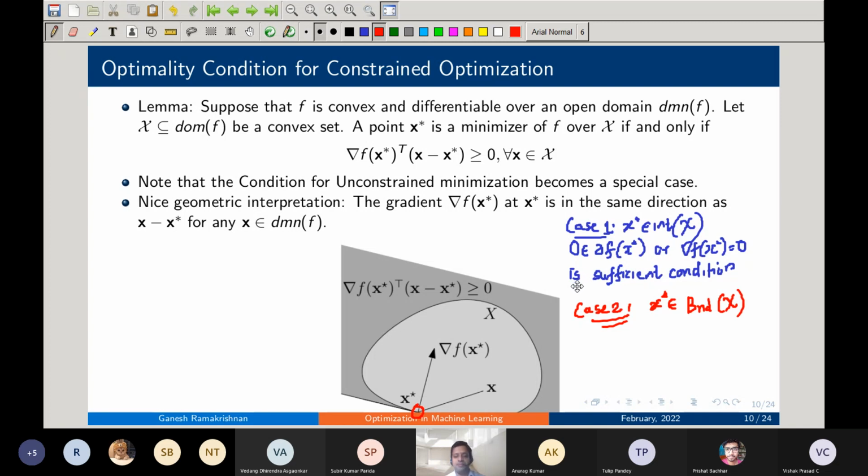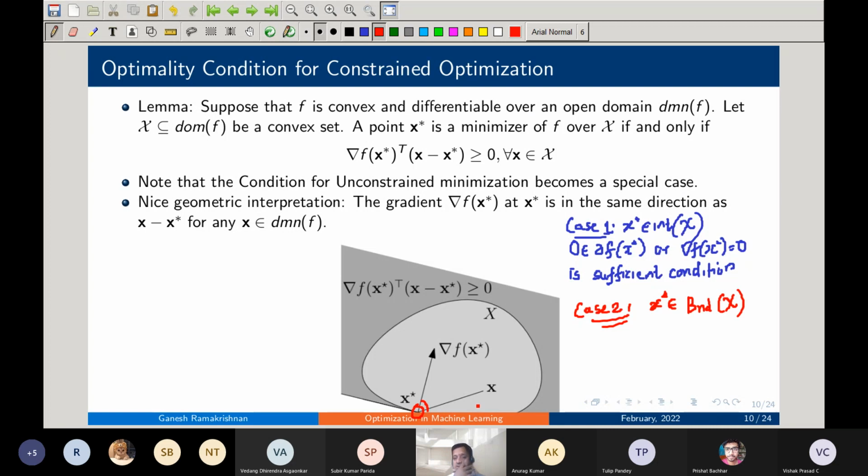And then we are saying that x minus x star should form an acute angle with the gradient of f at x star. This again should be easy to see.